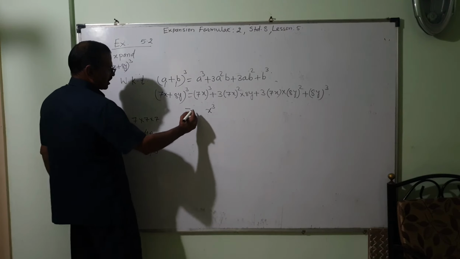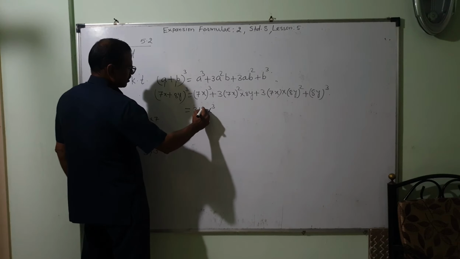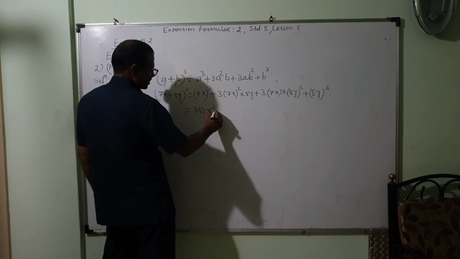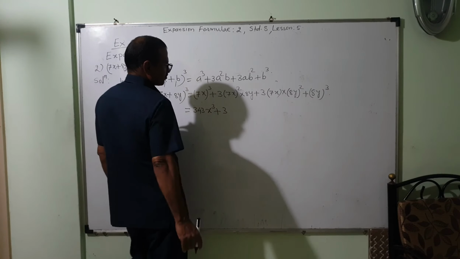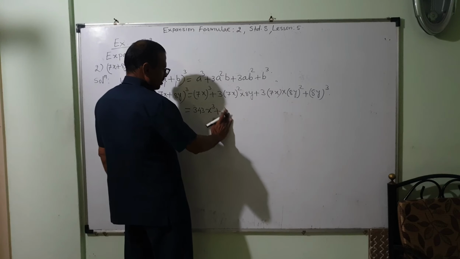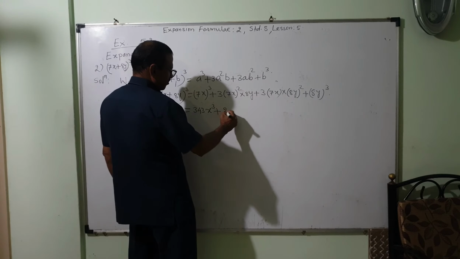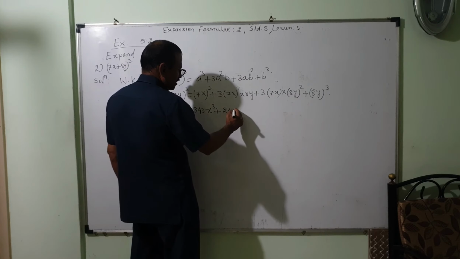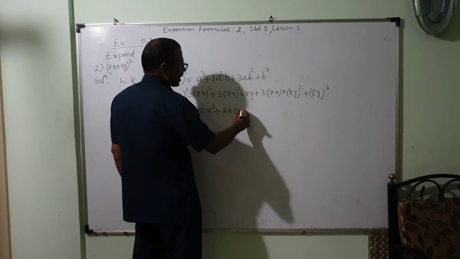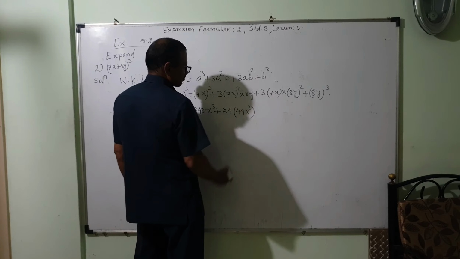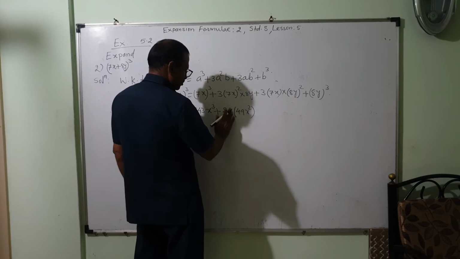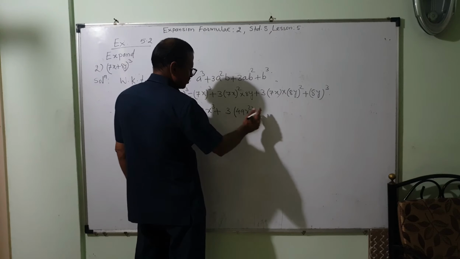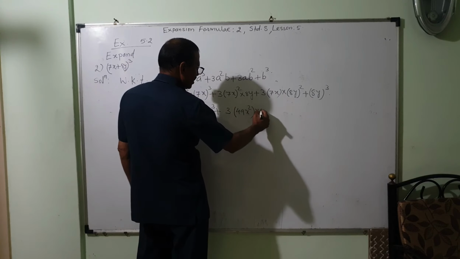So 343, plus 3. 3 into 8 we know, 8 3 are 24. And this is 7². 7² is 49 x² into, okay, I will keep as it is, 3 into 7 and into 8y.